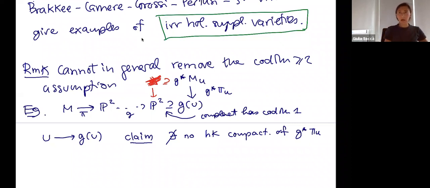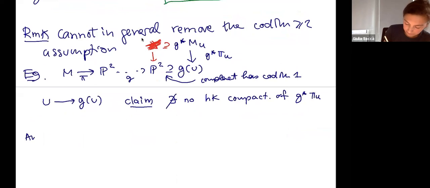So since I have 10 minutes left, instead of sketching a proof of this, let me give you another application of this circle of ideas, a case where you can check smoothness without actually having something birational to what you constructed that is hyperkähler. So, another application.